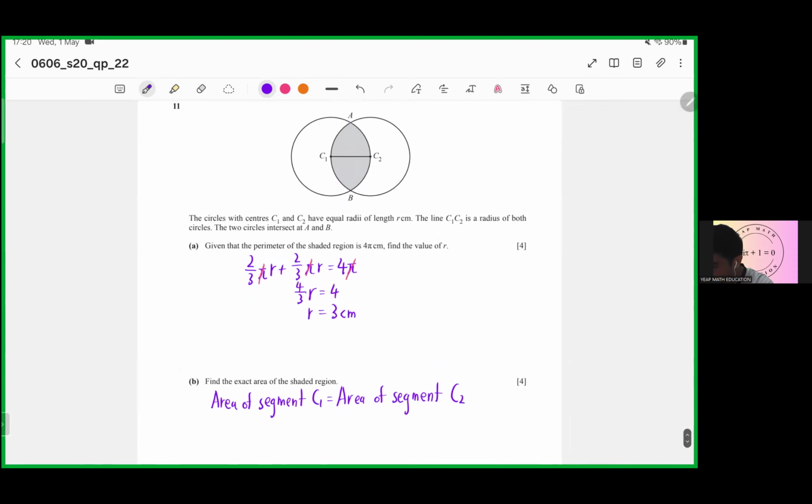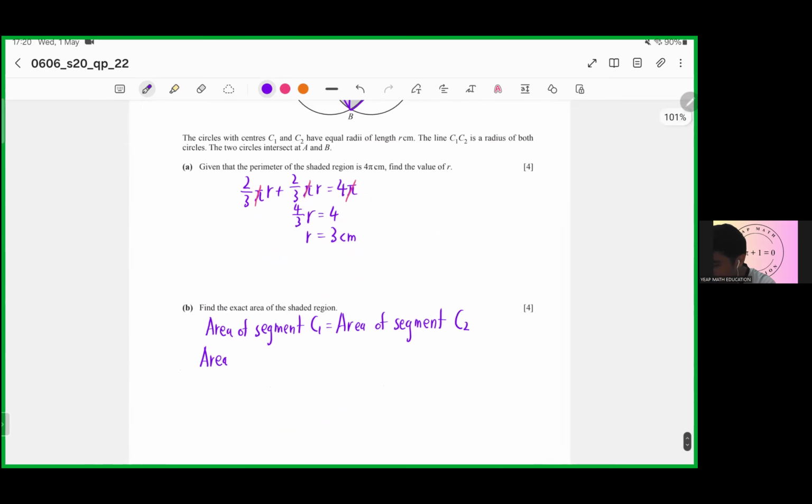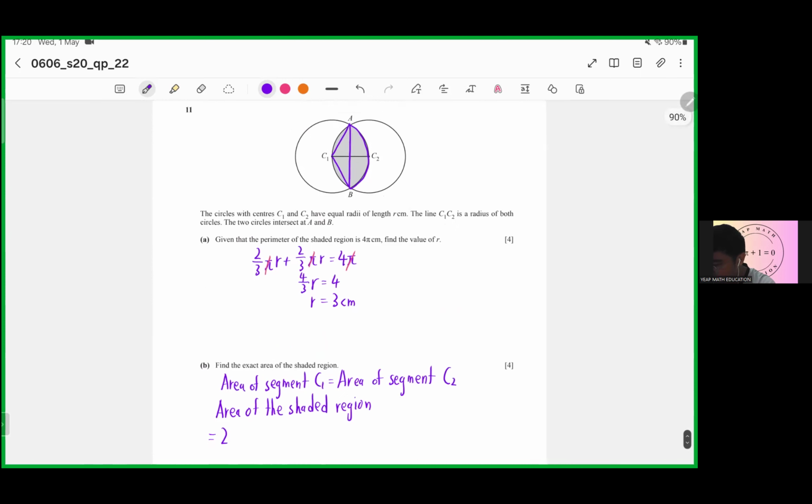Now we need to find the whole sector, and then minus this triangle. Multiply 2 times.